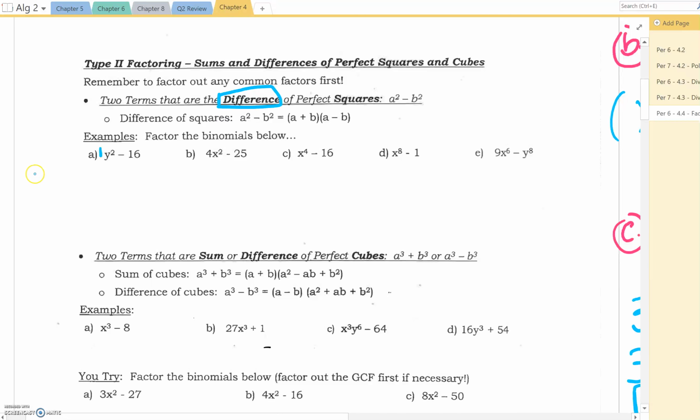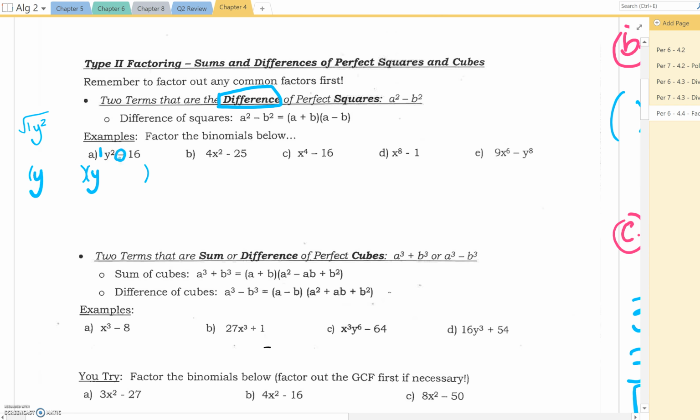You're going to factor this just like you normally would into 2 sets of parentheses. The first term is 1y squared. So what is the square root of 1y squared? Well, it's 1y, right? Y times y gives you y squared. Then since it's a difference, notice that there's no term in the middle.